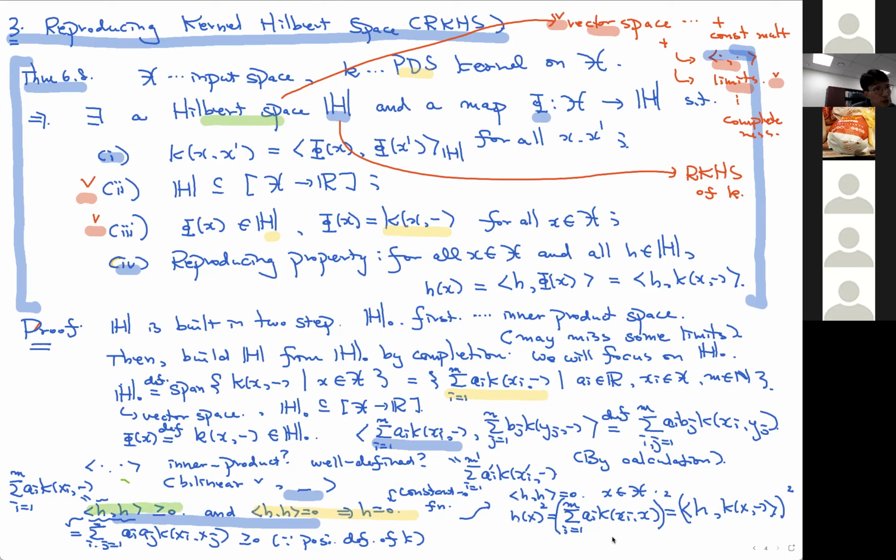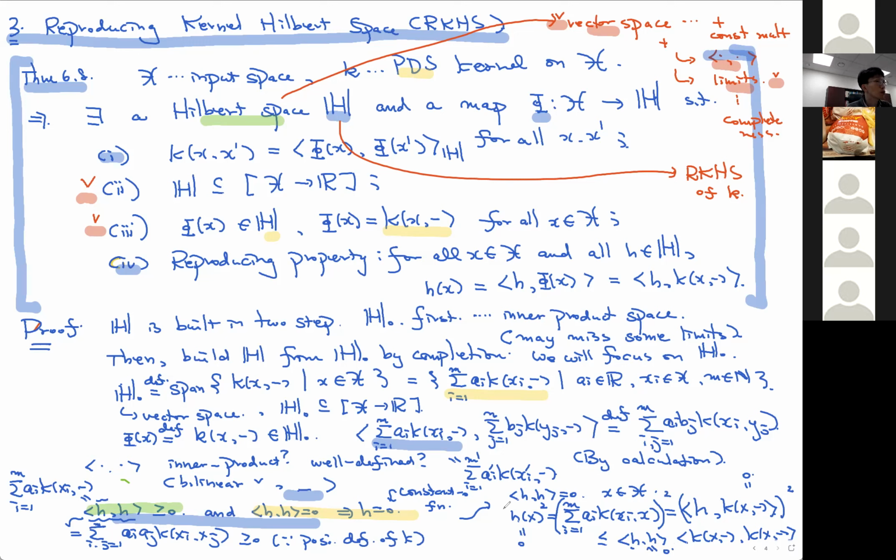So this is smaller than or equal to <h, h> times <k(x, ·), k(x, ·)>. So this is the standard Cauchy-Schwarz inequality. But the first part is equal to 0 by our assumption, so the entire thing has to be 0. So that means h(x) also has to be 0. So that's how you can prove the second.